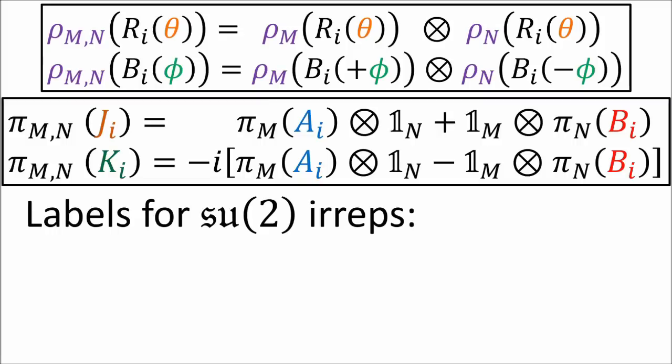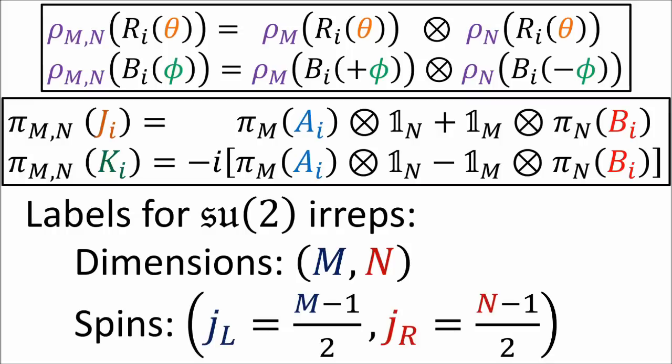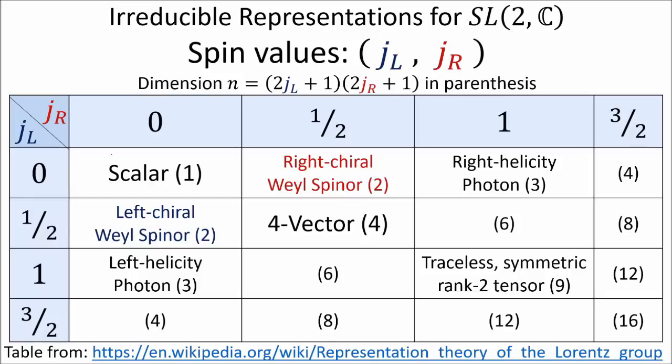The 2 irreducible SU2 representations can either be identified by their dimensions m and n, or their spin values j left and j right. By picking different values for these spin numbers, we can write out all the irreducible representations of SL2C using a 2-dimensional table. Irreps in the first column are called left representations, and irreps in the first row are called right representations.